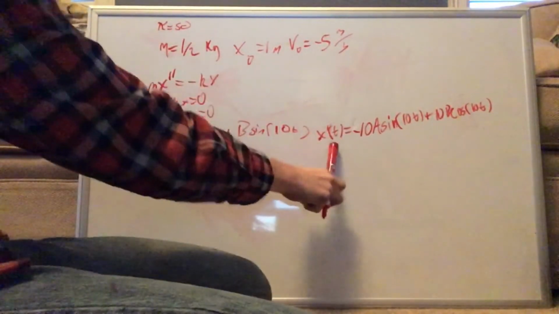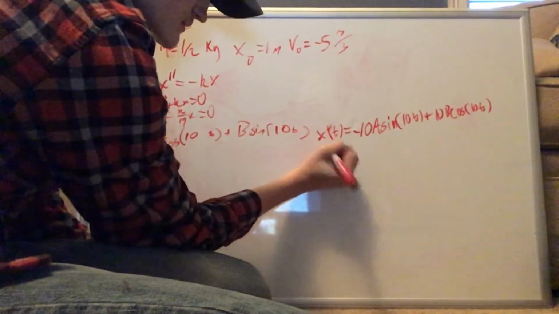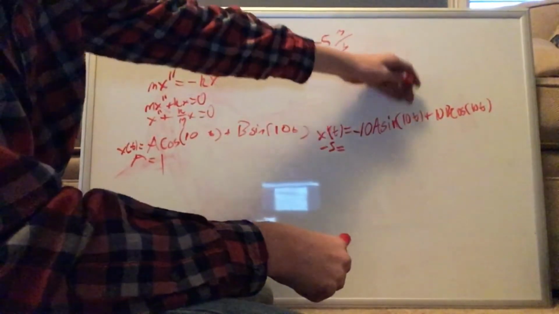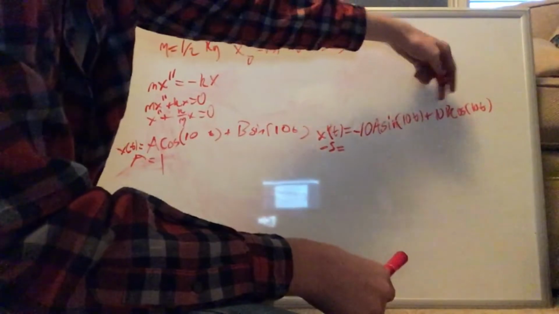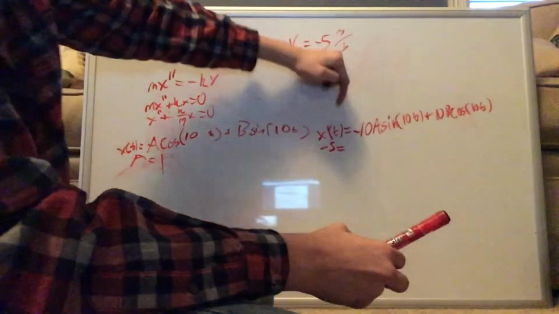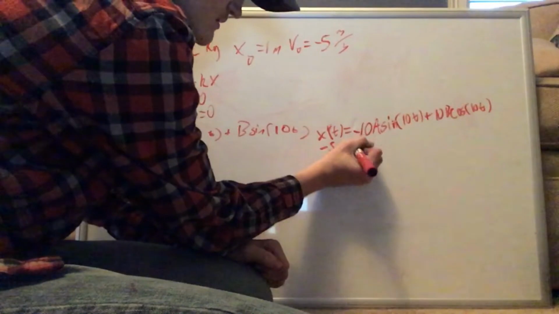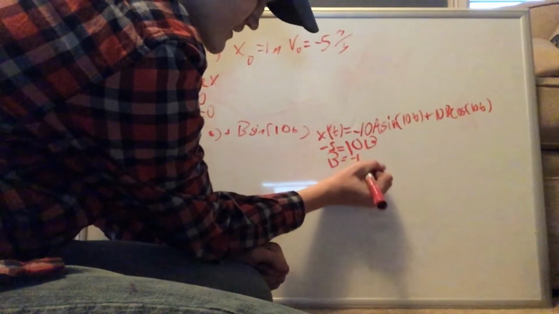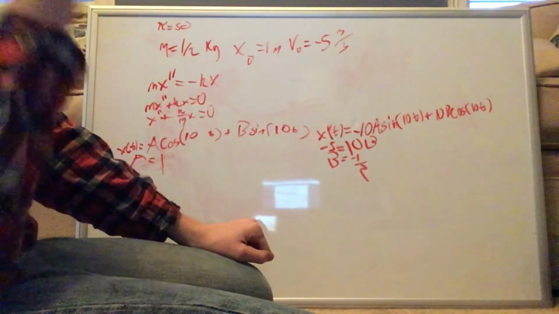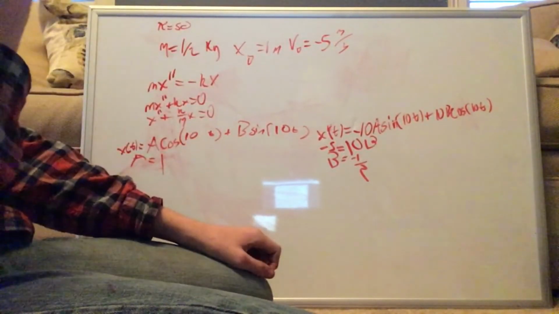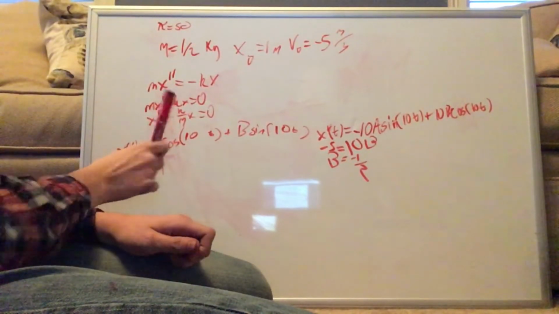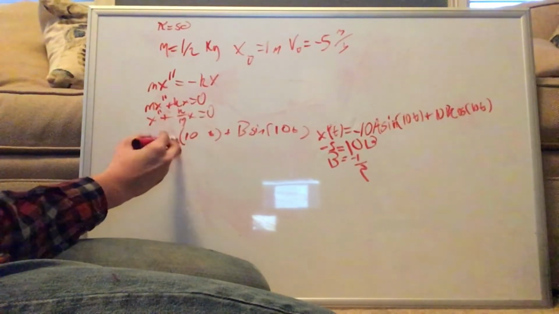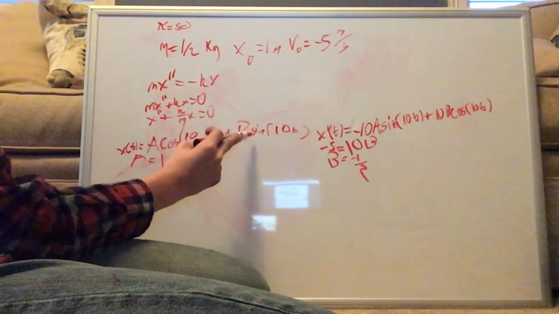So that is negative 5 equals, the sine is 0 so this whole thing is 0. This thing is going to be 10 times b, because cosine is 1, so 10b. Negative 5 equals 10b. B equals negative 1/2. So what that leaves us with is x of t equals cosine of 10t plus negative 1/2 sine of 10t.